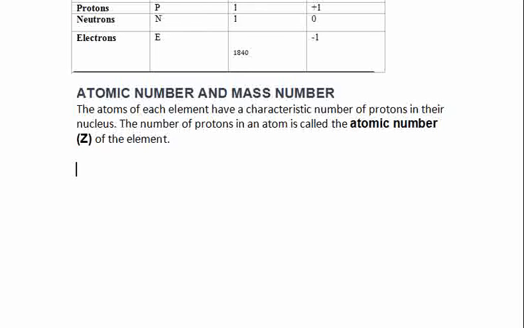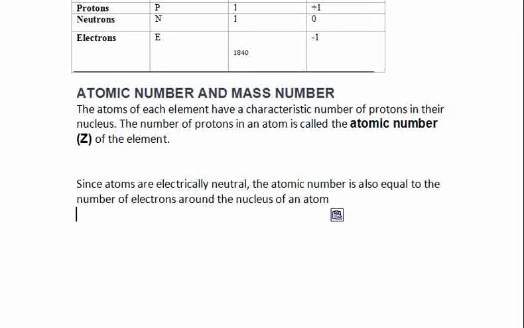The number of protons in an atom is called the atomic number, and it is represented by the letter Z. This is the symbol for the atomic number. The number of protons in an atom is called the atomic number of the element. Since atoms are electrically neutral, the atomic number is also equal to the number of electrons around the nucleus.